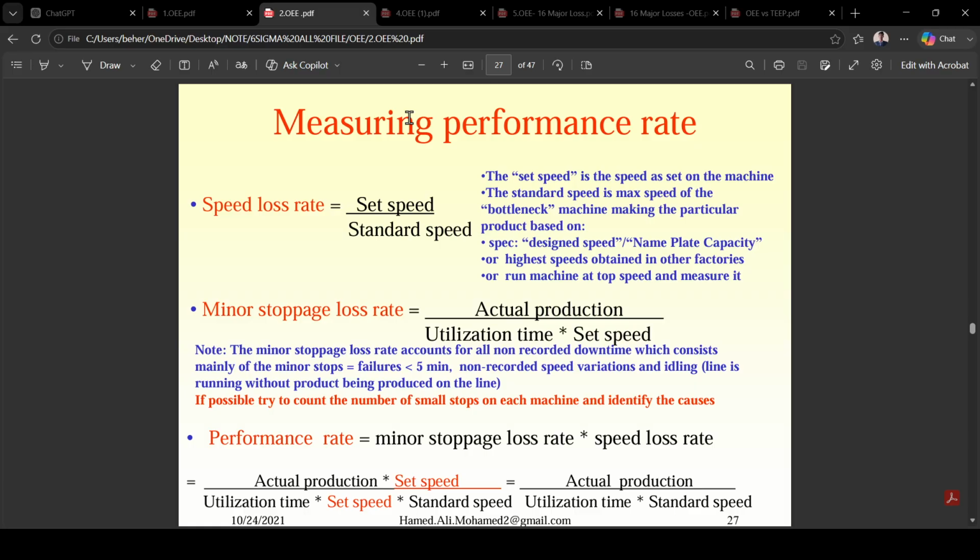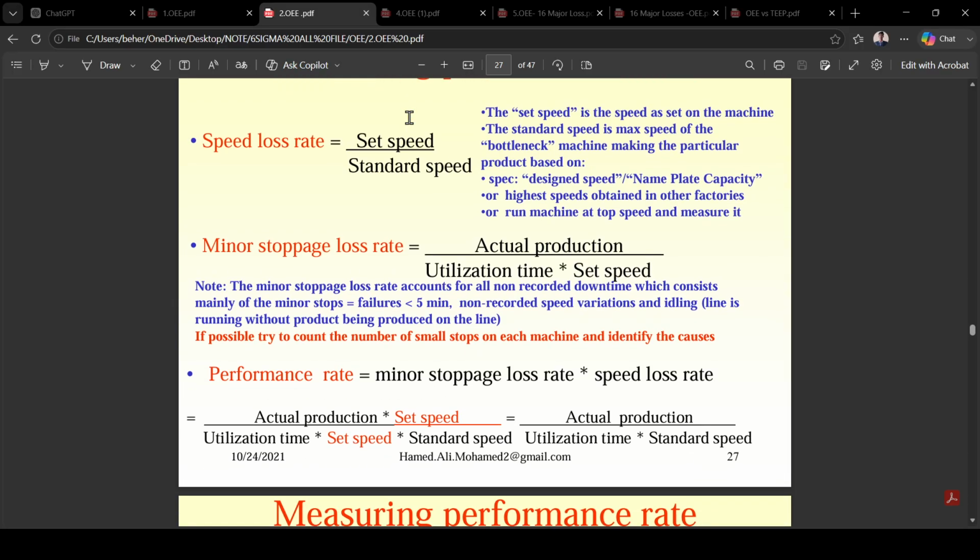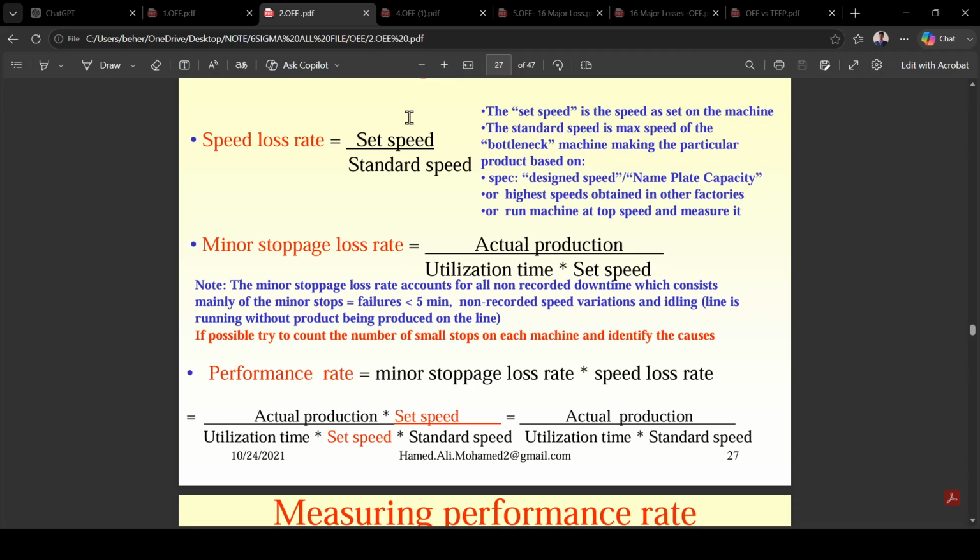Minus stoppage loss rate: actual production divided by utilization time times set speed. Note the minor stoppage loss rate accounts for all non-recorded downtime, which consists mainly of minor stops and failures less than 5 minutes, non-recorded. Performance rate equals minor stoppage loss rate times speed loss rate.